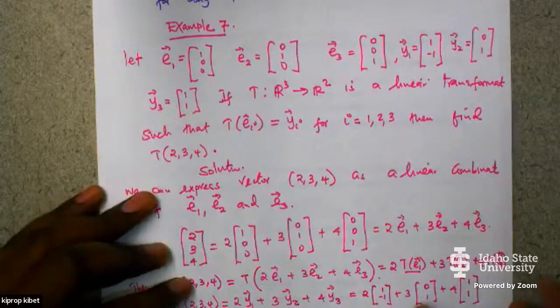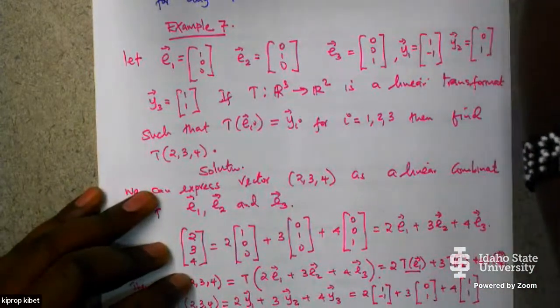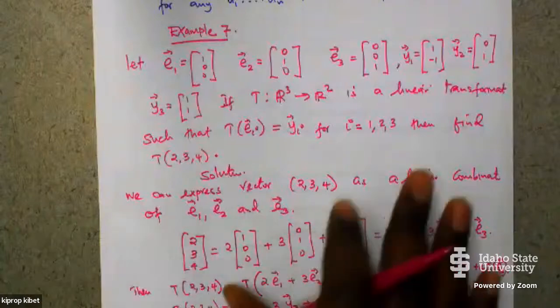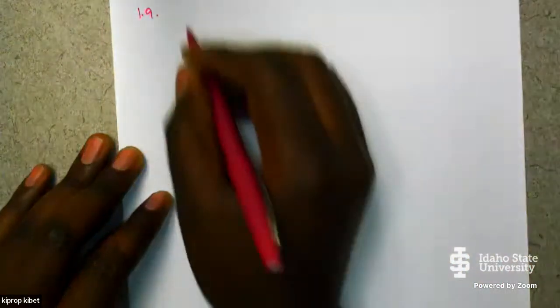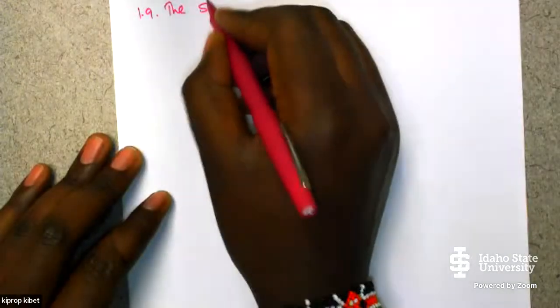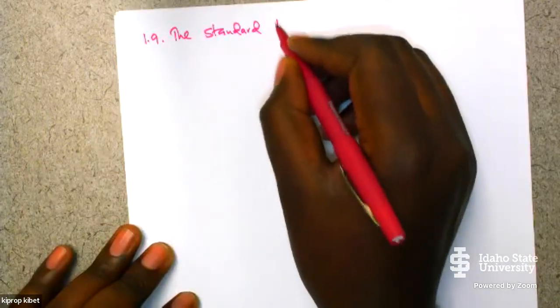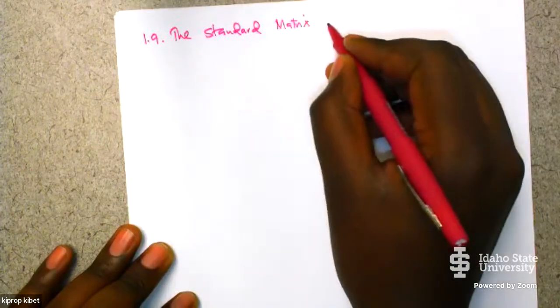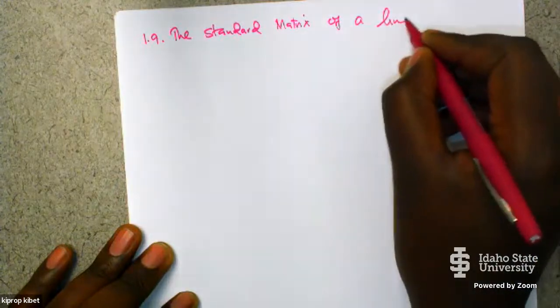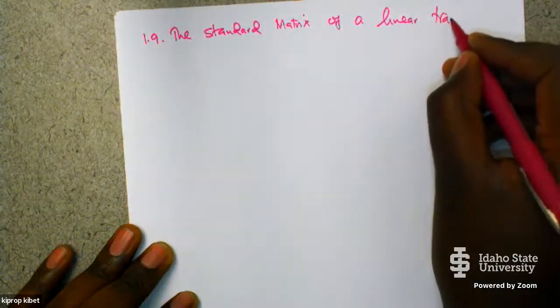Okay, now let's come to the next section, which is section 1.9. This is the standard matrix of a linear transformation.